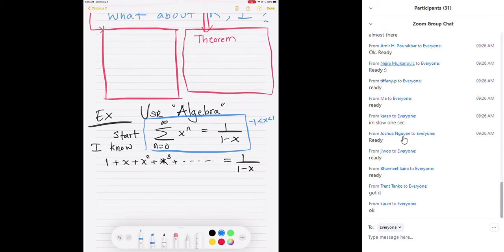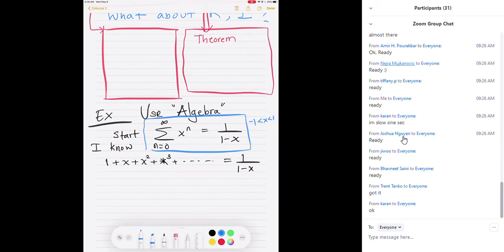And you can quickly check if I put x equals 2, for instance, then 1 plus 2 plus 2 squared plus 2 cubed is not going to be 1 over 1 minus 2. That's ludicrous. All right, people. So that is not right. I already know that. So I'm going to erase this. So no, it doesn't work for x equals 2. It only works for x between -1 and 1. So I'm going to use this.